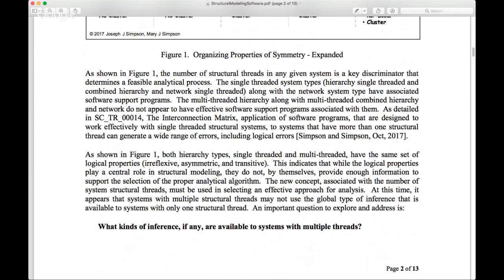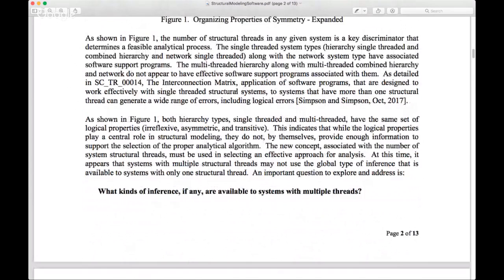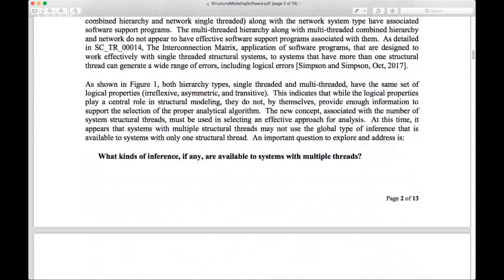And so, as I said, the important question to explore and address is what kinds of inferences, if any, are available to systems with multiple threads.